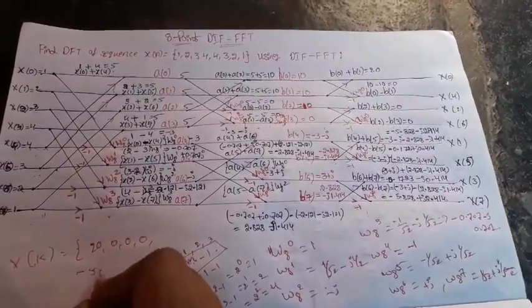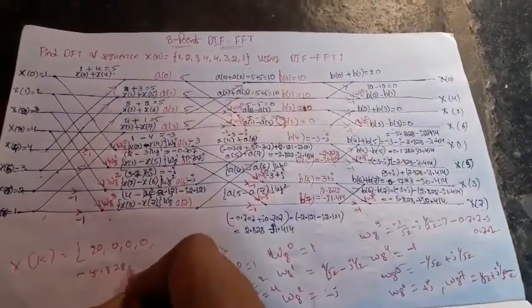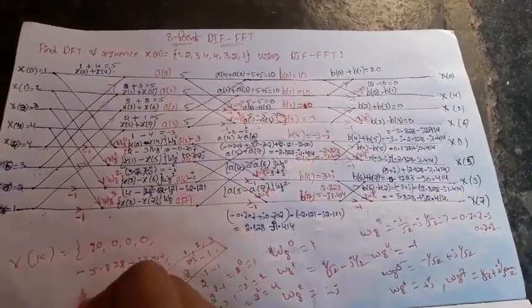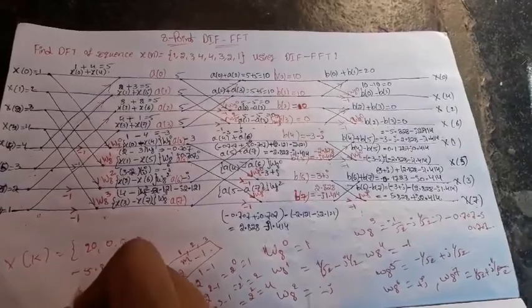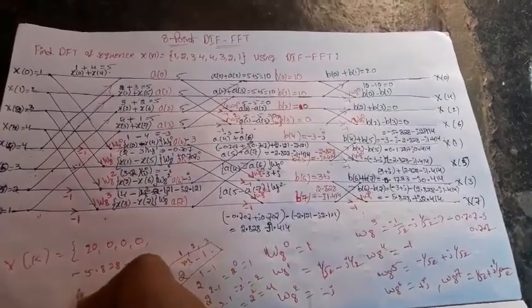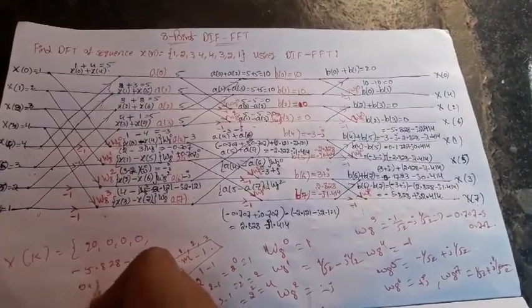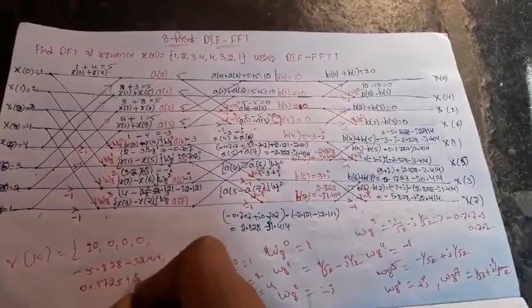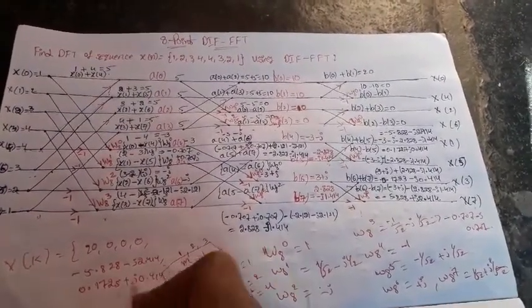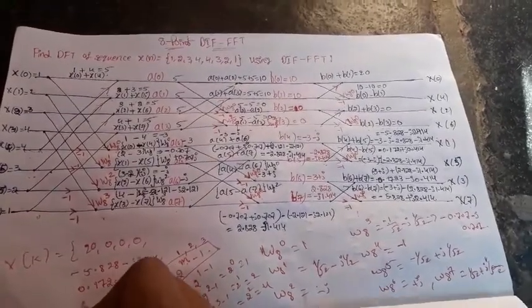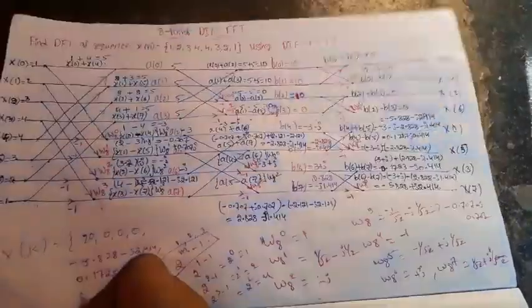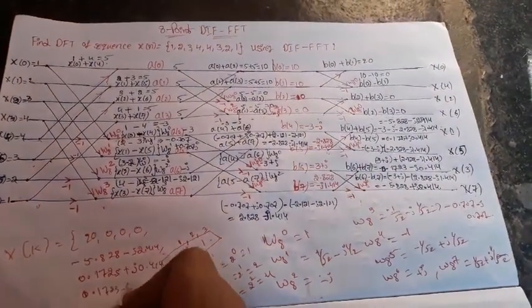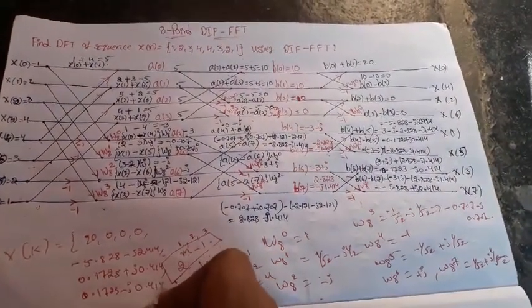Next, here minus 5.828 minus j 2.414, and the next value is 0.1725 plus j 0.414, the next, sixth value is 0.1725 minus j 0.414.